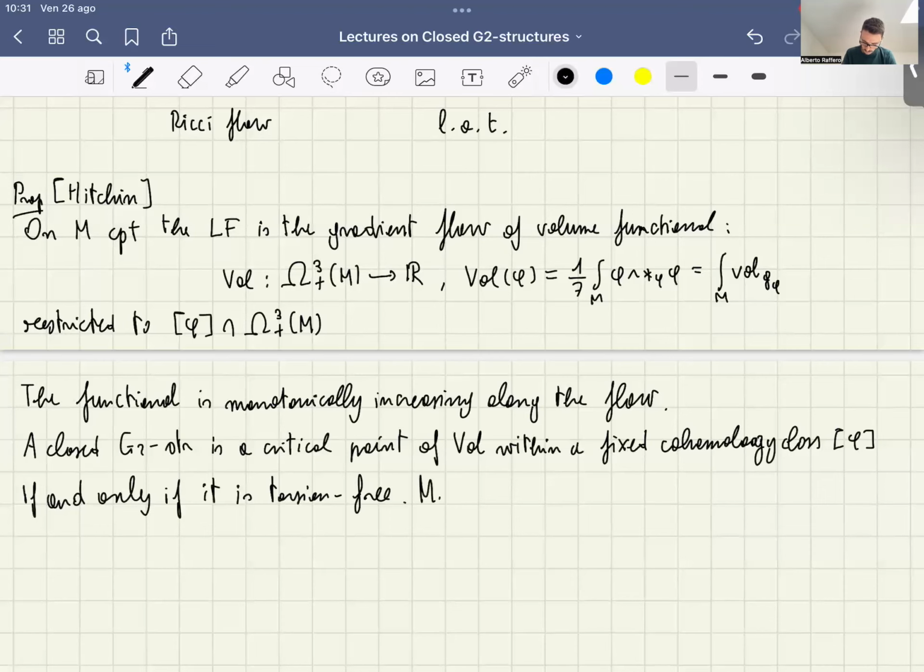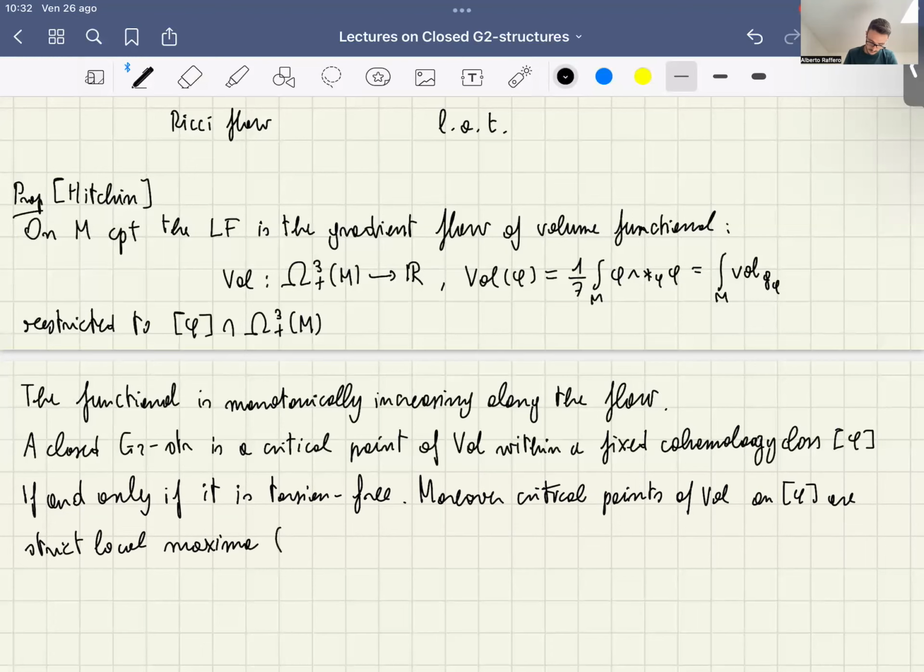And moreover, the critical points of the volume functional on this cohomology class are strict local maxima of the functional modulo the action of the diffeomorphisms.